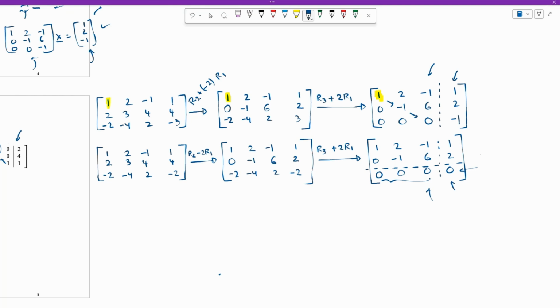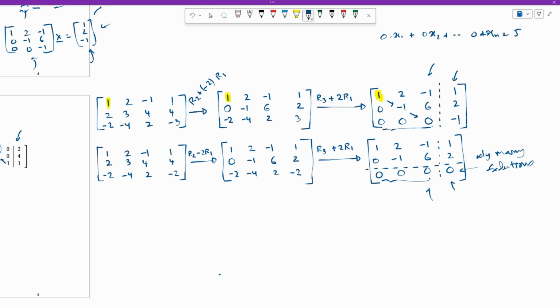This is a situation where you have a solution, whereas here the rows of A cap are 0, but B cap is not 0. There is no solution to something like that. You're saying 0 times x1 plus 0 times x2 plus 0 times xn equals 5.